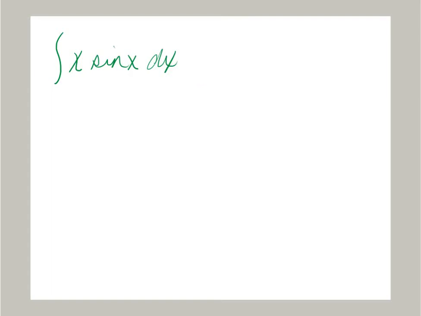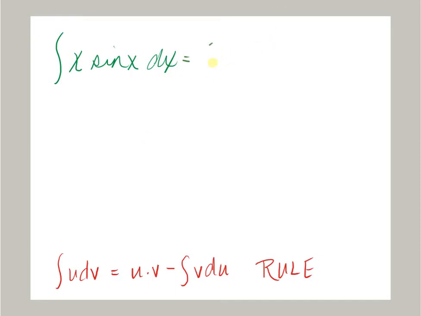In fact, let's write that rule down here at the bottom. So we know that the integral of u dv is u times v minus the integral of v du. That's the rule, right, for integration by parts. So if we go back up and look at what we have here, instead of over to the side assigning a u and a dv and doing the work, what if we did this?